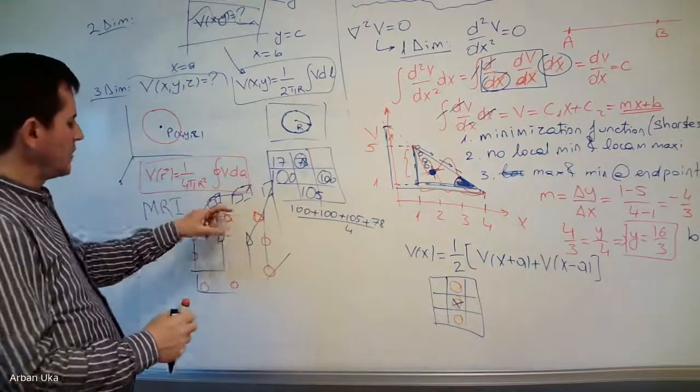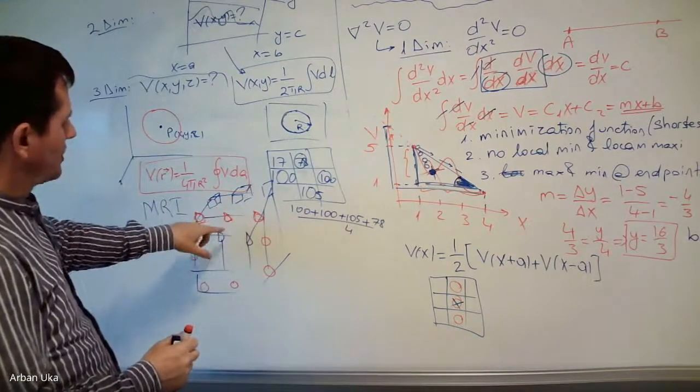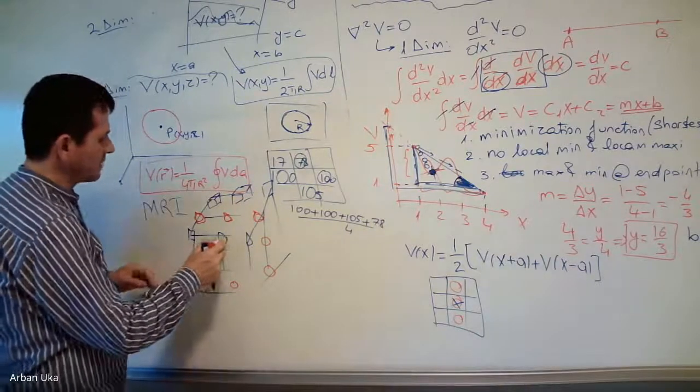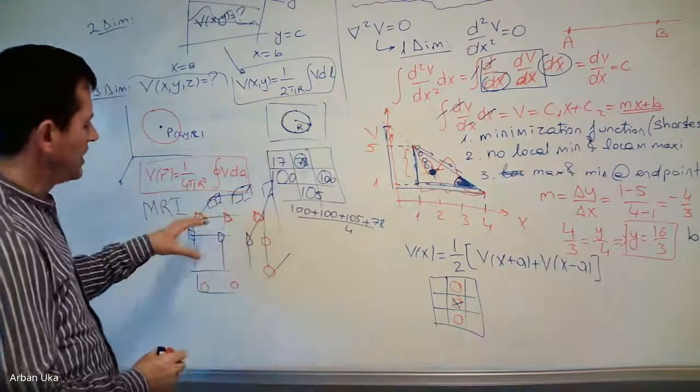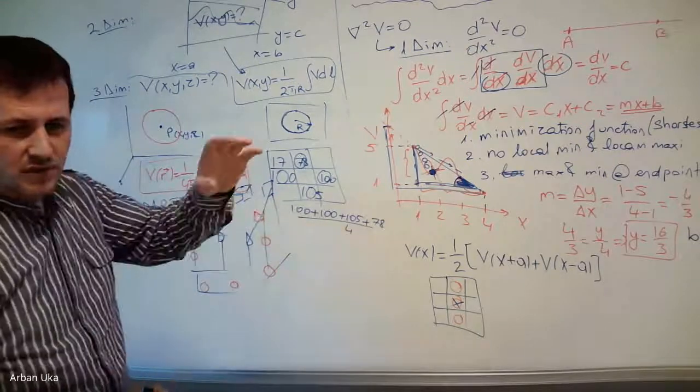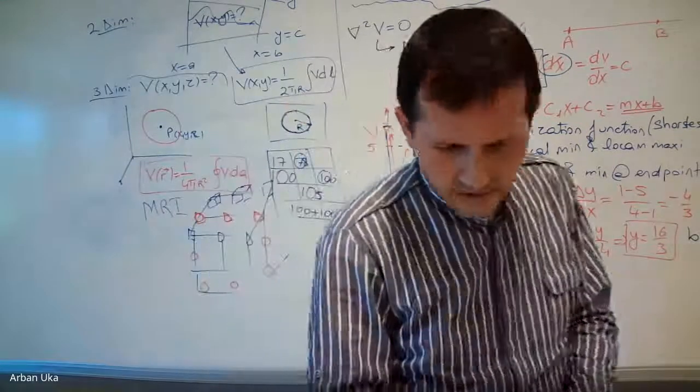So you find the neighboring voxels or pixels, you find the average, and a Laplacian operator applied to this MRI image is going to be the average of all the pixels around some surface area on the outside.